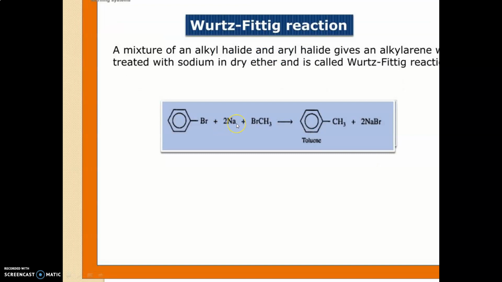So what will happen in this reaction? Here one sodium will attach to this Br, we get NaBr, and here also one Br is there. So it is a coupling reaction. Here also NaBr will form. So 2 NaBr will form and the CH3 group will attach here.